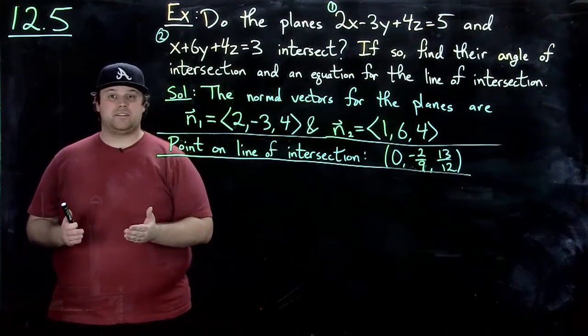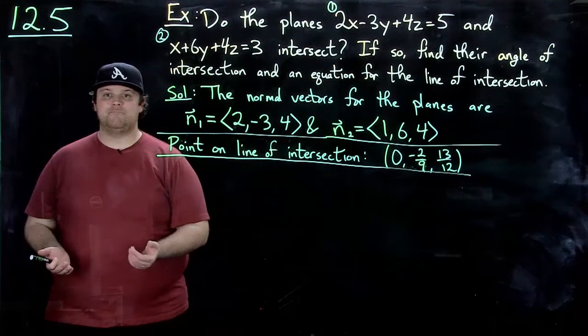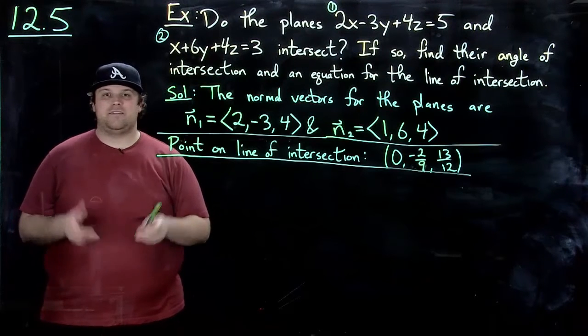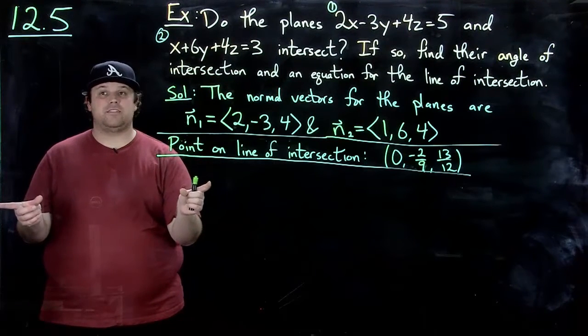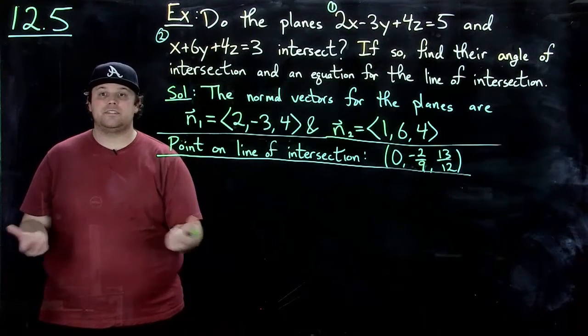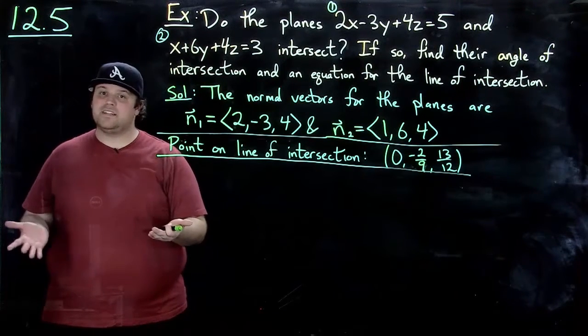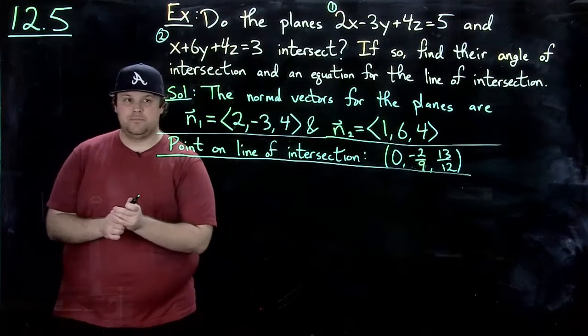So how can we get the direction of the line? Well, hopefully you're thinking to yourself, I remember, if I want something that's perpendicular to two vectors, all I have to do is take their cross product and it'll give me a perpendicular direction. And that's exactly right. That's what we need to do.